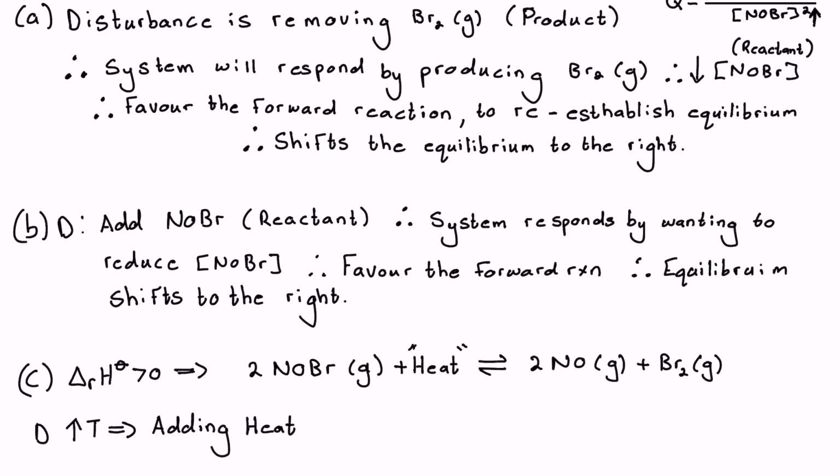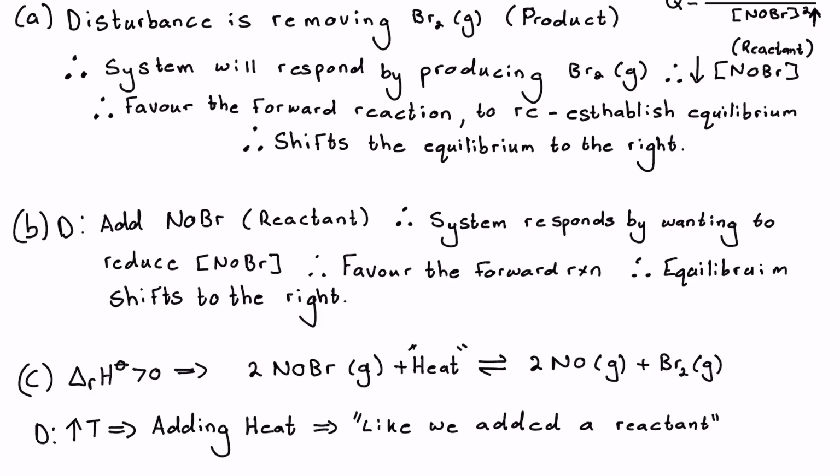All right, so that's our disturbance in this case. Increasing the temperature is the same as adding heat. So in principle, what have we added to the system? What's our disturbance? It's like we've added a reactant, because the reaction, when it's endothermic, requires heat to proceed.